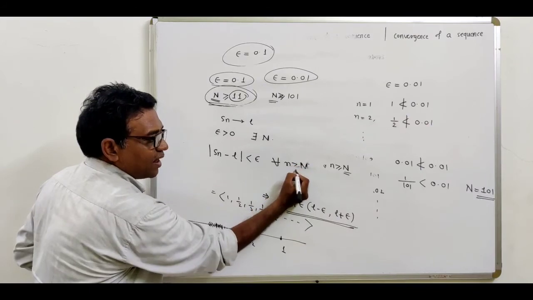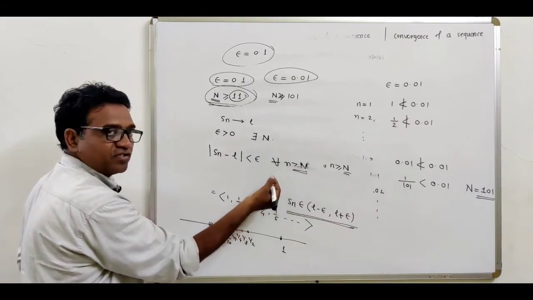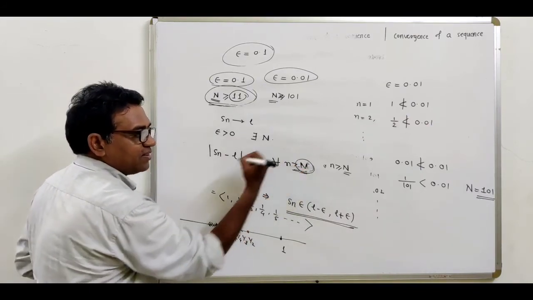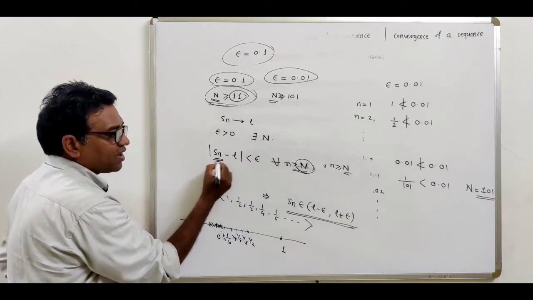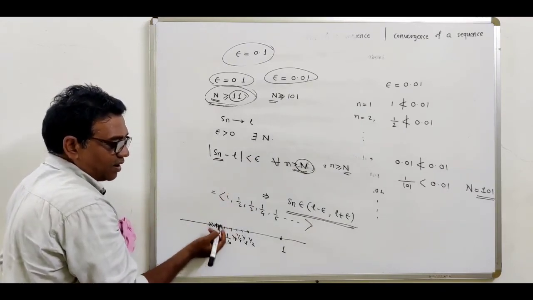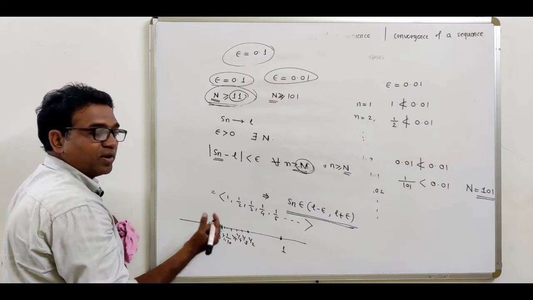After this natural number N, after this stage, all the terms of the sequence lie in the neighborhood of that particular limit.